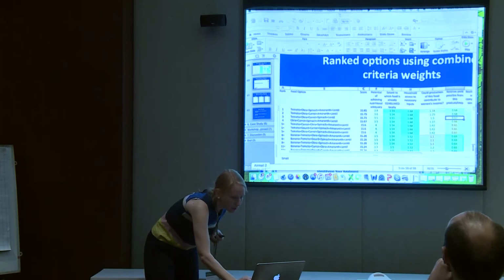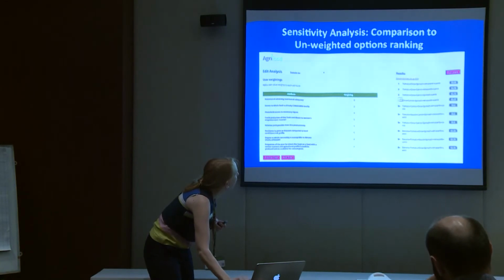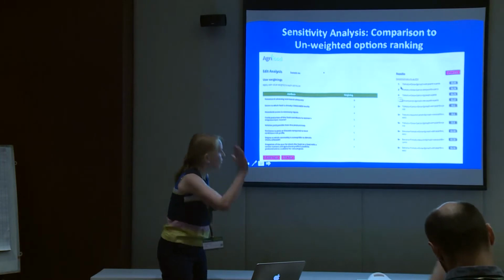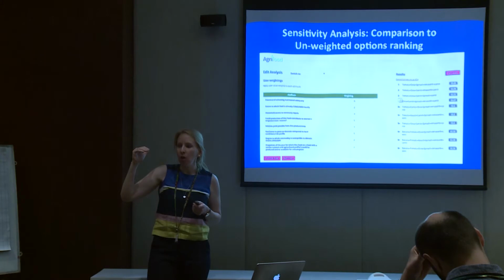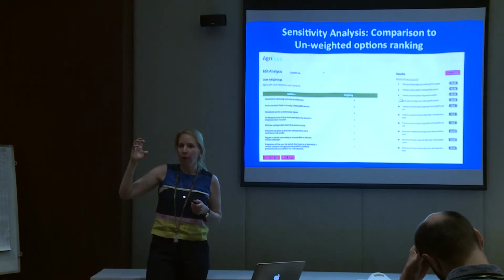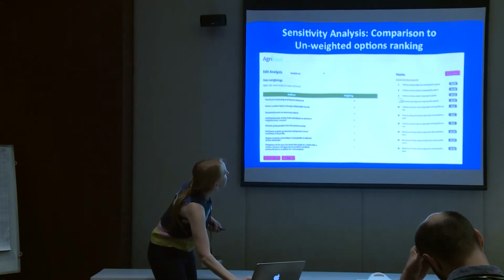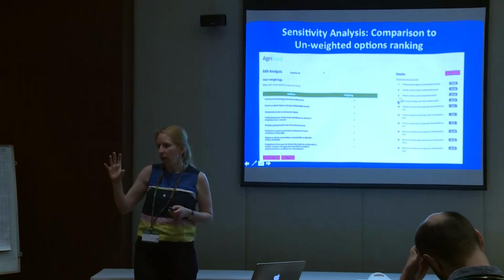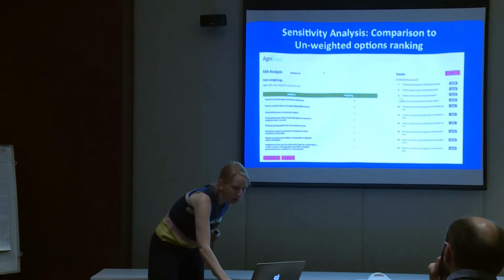Going back to this example, what you can also do in the software is hover over these ratings, or there'll be a separate screen for this, and compare each option to how it would rank on an analysis with no weightings. Here it's saying that this particular combination, if there were no weightings, would be 4 points lower. So you're able to see what sort of impact that would have.